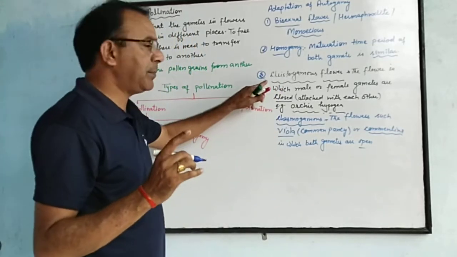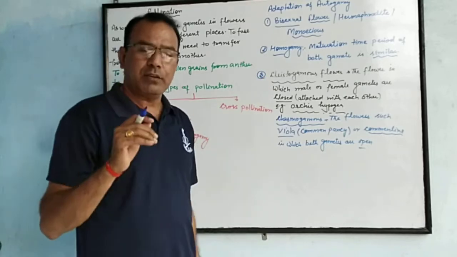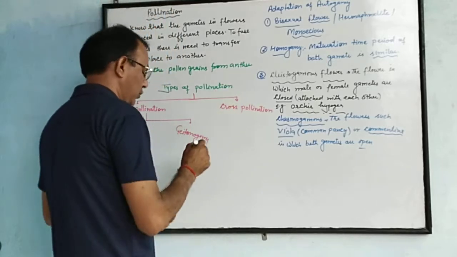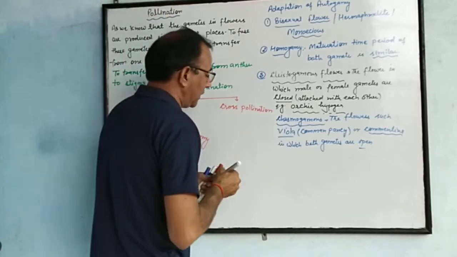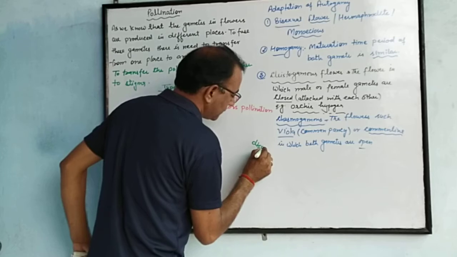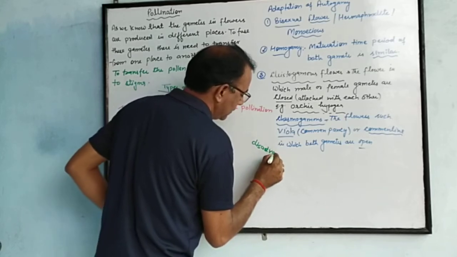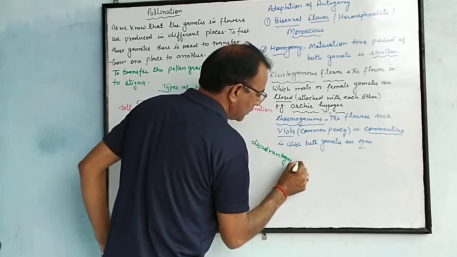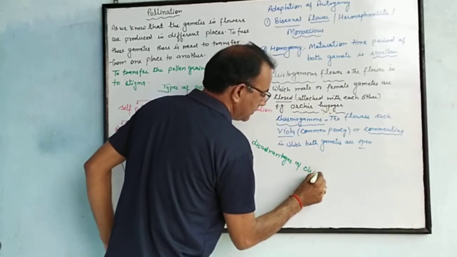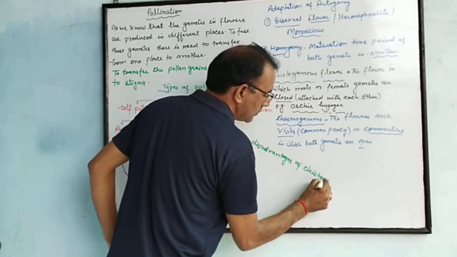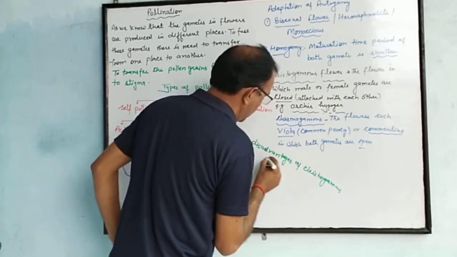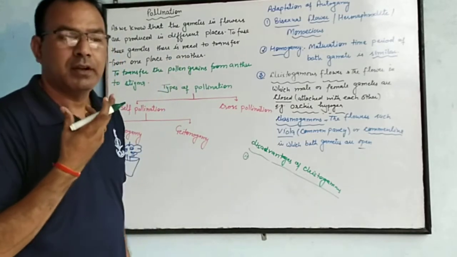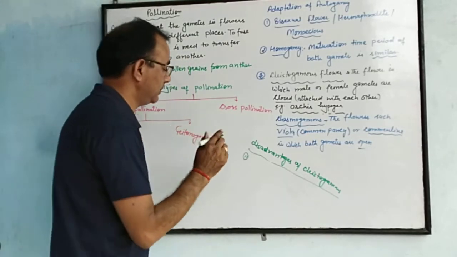But adaptation may be cleistogamous. There are a few advantages of cleistogamous and one disadvantage. First one is there is no need of any pollen, there is no need of any vector.